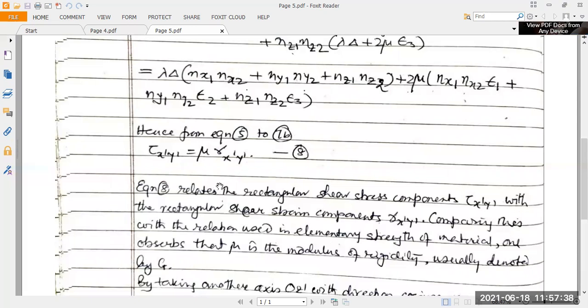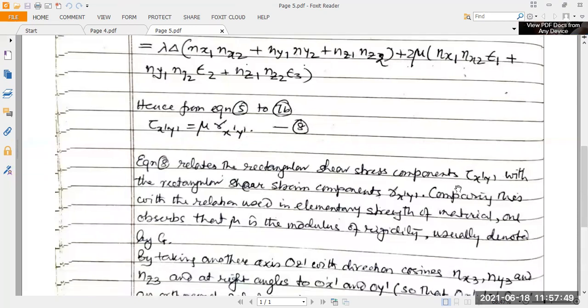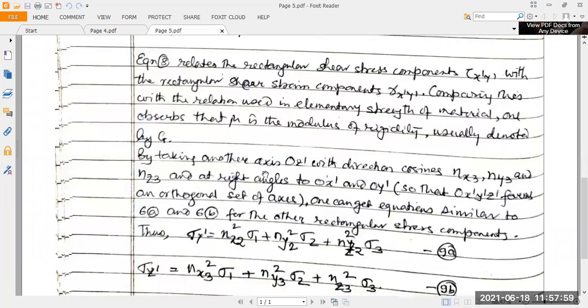Now, equation 3.8 relates the rectangular shear stress component tau xy to the shear strain component gamma xy, but this relation I just told you by taking another axis OZ.